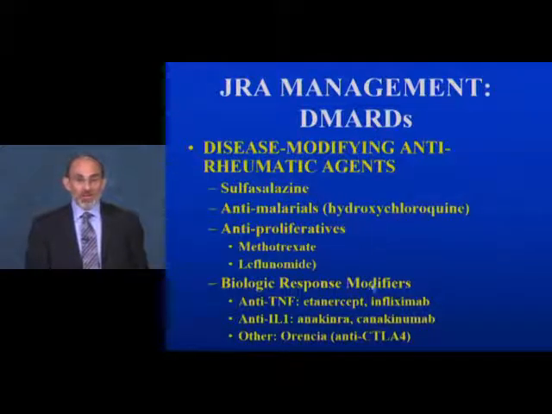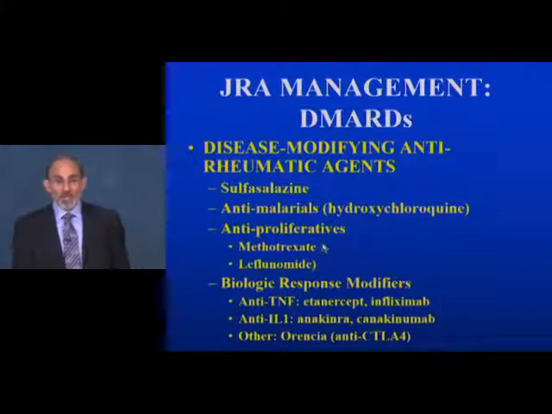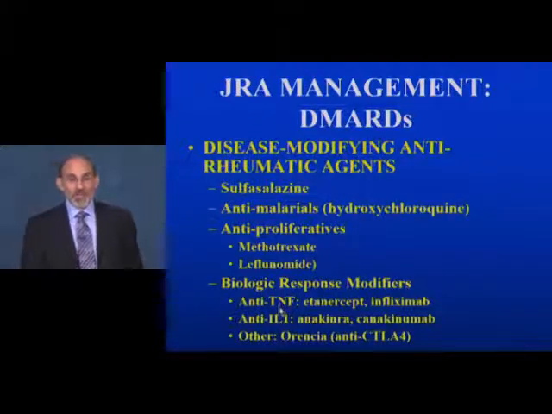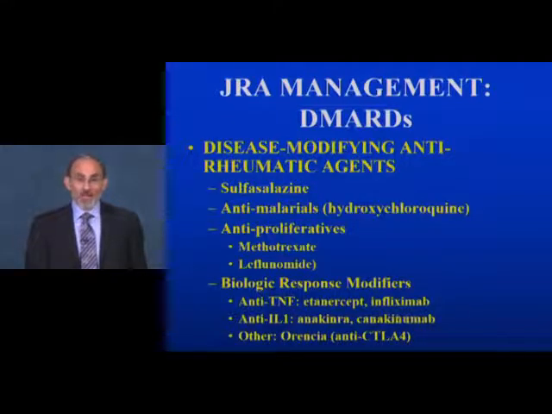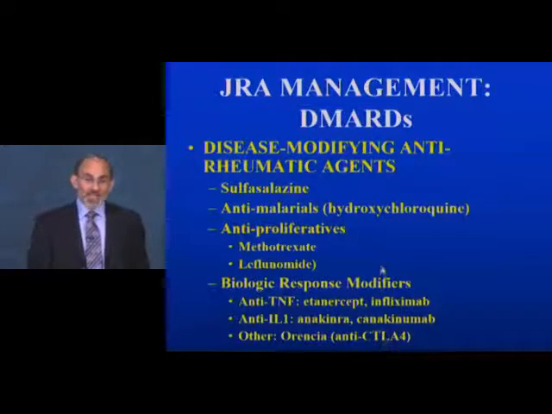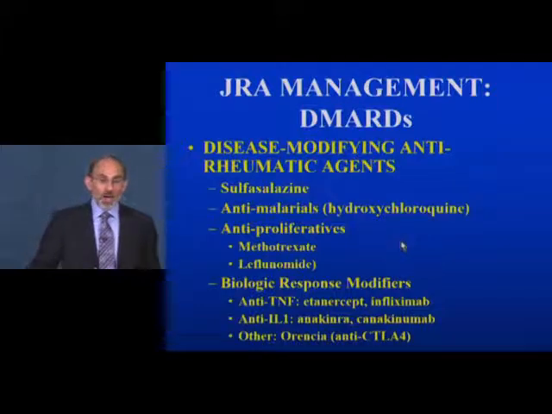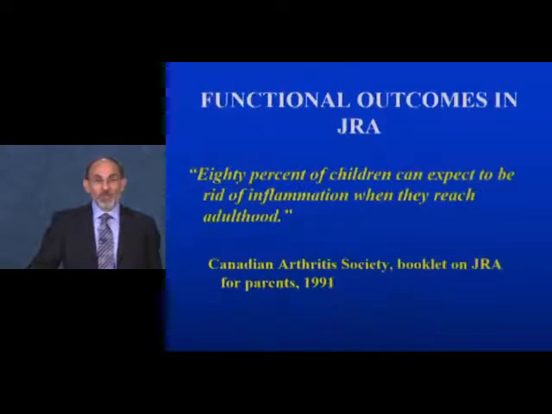When those don't work sufficiently, and now we often say those don't work completely because we really do try to achieve a full remission, then we use the biologic response modifiers, particularly anti-TNF agents such as etanercept, infliximab, and adalimumab, but various other classes of cytokine antagonists or receptor antagonists are also available, hence the need to be comfortable with a wide variety of immunologic agents with a wide variety of immunosuppressive effects.